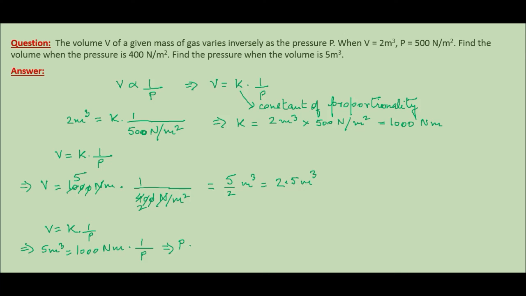So this becomes P equal to 1000 Newton meter by 5 meter cube, and this is 200 Newton per meter square. The corresponding pressure is 200 Newton per meter square. So we have got the answers to both the questions.